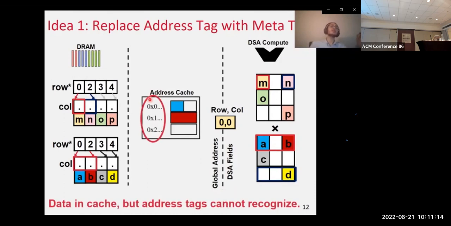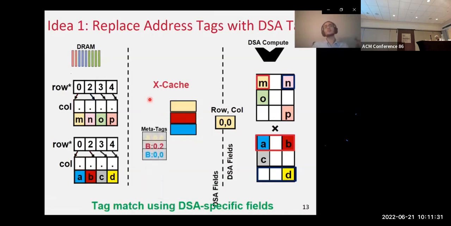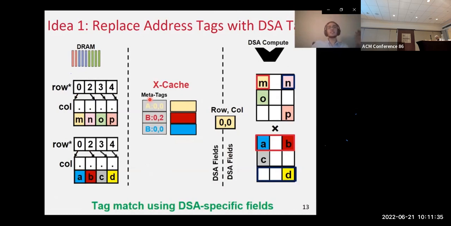It means that even when the data is already on chip, when it's a hit, we have to do this translation or generation again. So the address tags are not capable of recognizing whether it's a hit or not without those extra steps. That's why we're using meta tags instead of address tags. So basically, we're using the same DSA fields for tagging the data in the cache, and now the DSA can directly use the same information for reading from the cache.